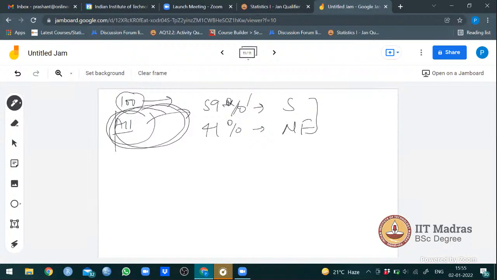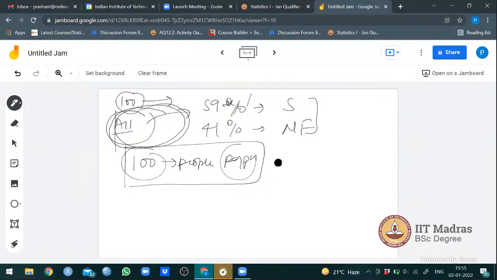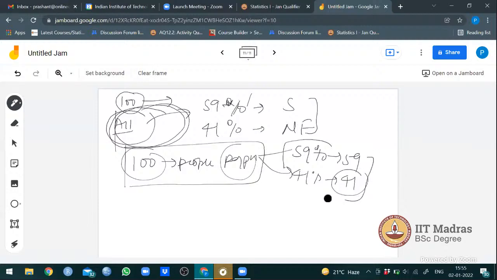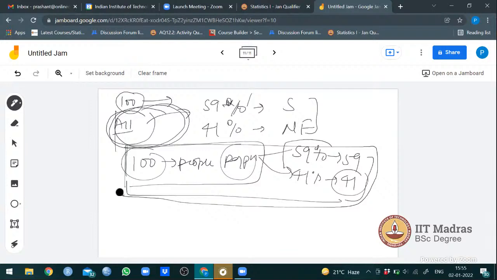And suppose you have 100 people in the population, and 59% said it's serious and 41% say it's a normal flu. Then it will be descriptive, because descriptive statistics you can perform on a population also.